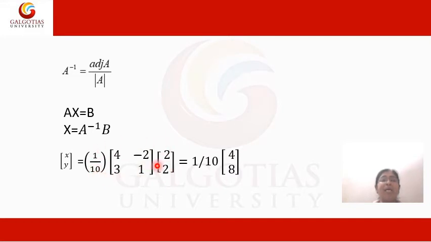On multiplying and simplifying, you will get 1 by 10 into [4; 8]. So the value of x is 4 by 10 and the value of y is 8 by 10. In this way we are able to find the values of x and y.